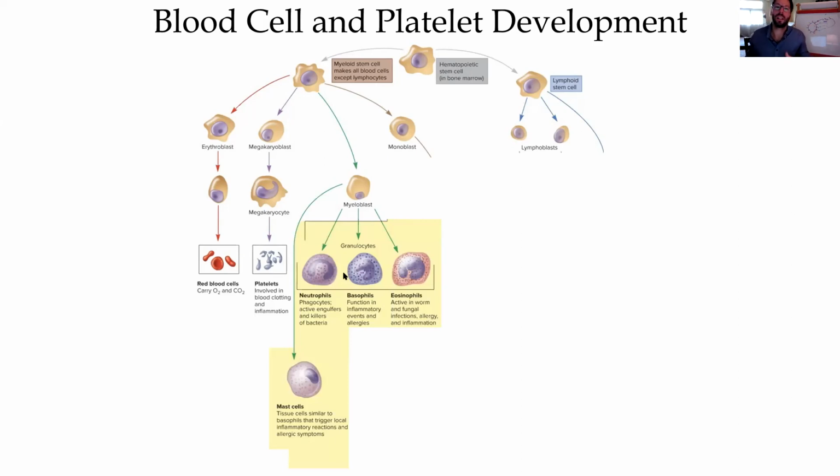Okay, so remember I said that there are agranulocytes and granulocytes. The granulocytes come from the myeloblast, and those are going to be your neutrophils, your basophils, your eosinophils that we talked about. Okay, anybody know what line of defense this is? The granulocytes?